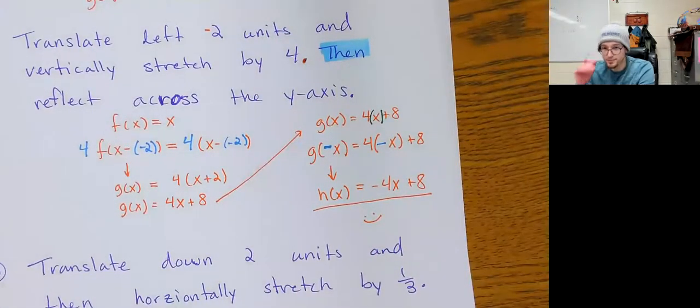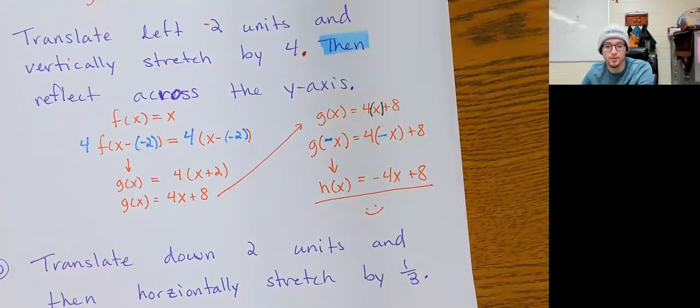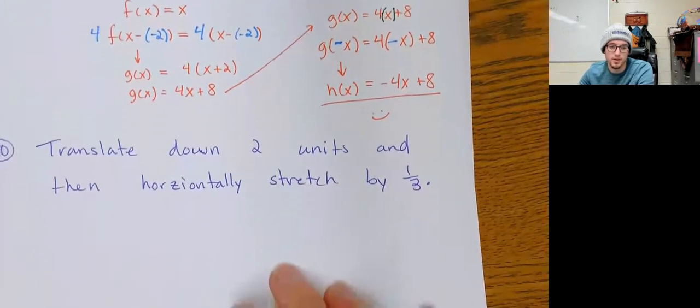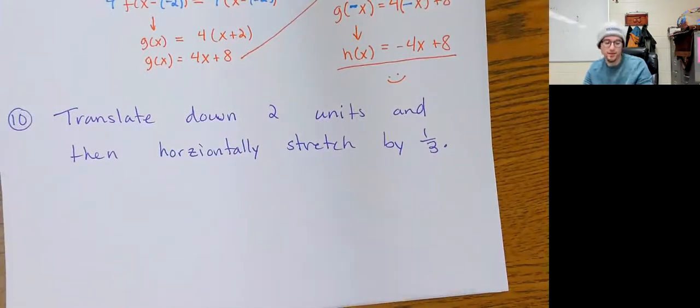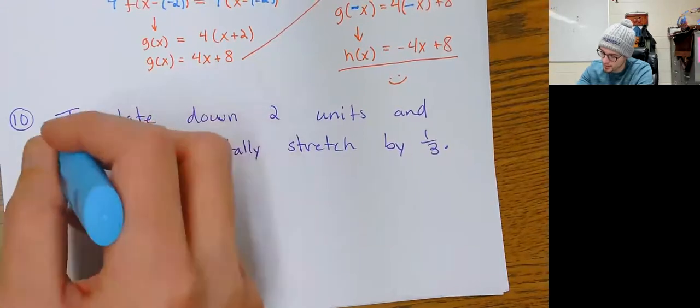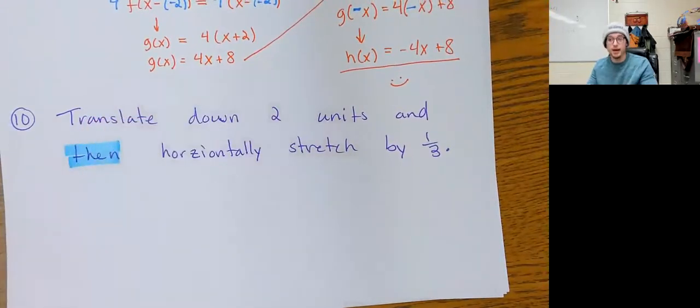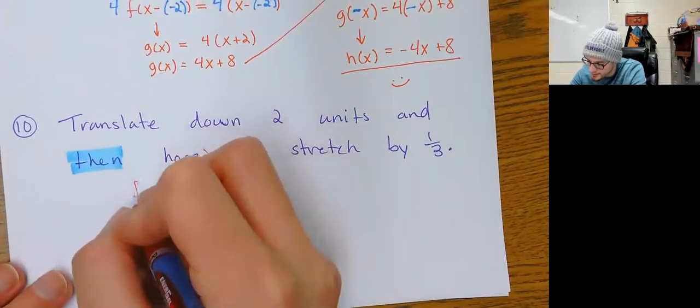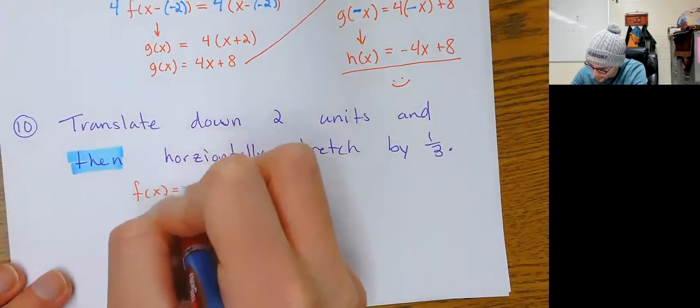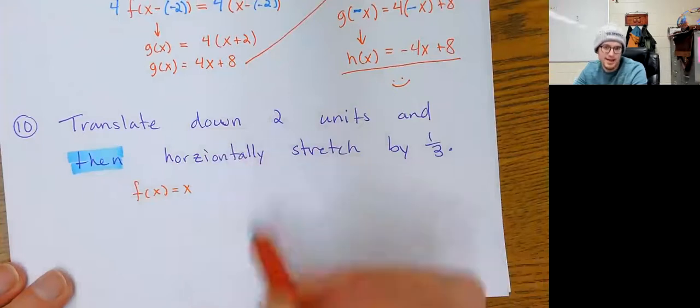All right. Let's do that one more time. This one doesn't have a period, but it does have the word then in it. So we're going to do one thing first and then the second thing second. All right. So we're going to start off with f of x equals x. And it says translate down 2 units.